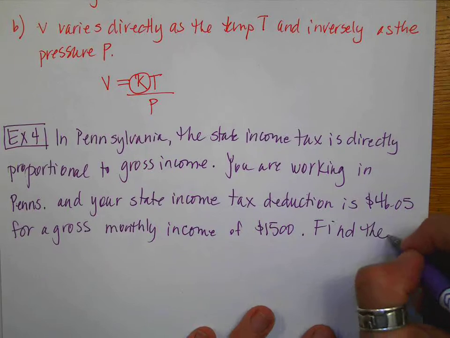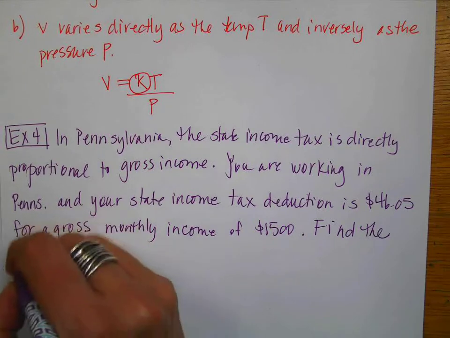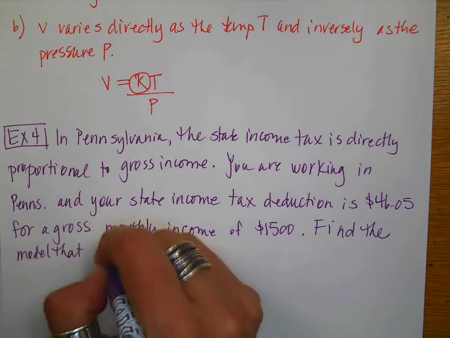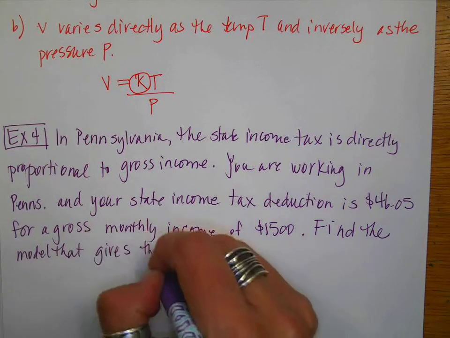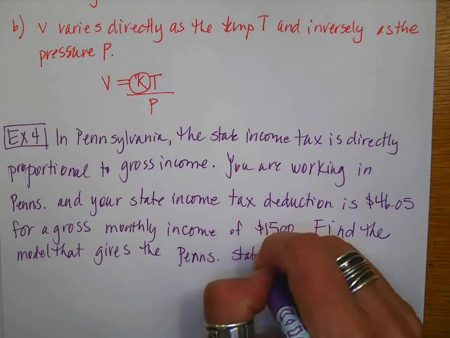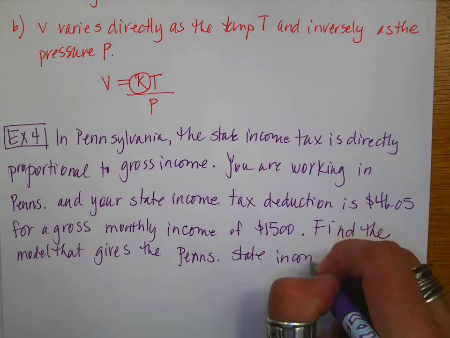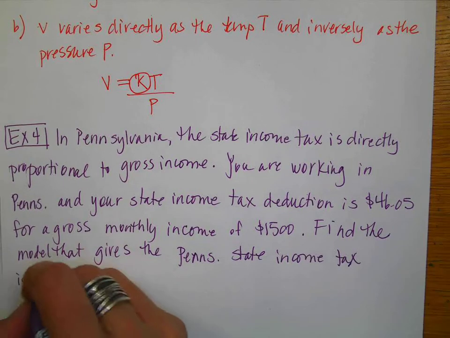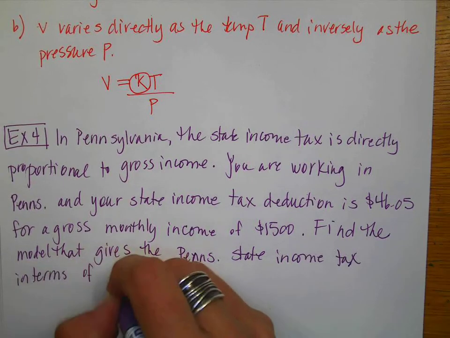Find, got to scoot the paper up because I'm writing big and sloppy. Find the model that gives the Pennsylvania state income tax, almost done, in terms of gross income.